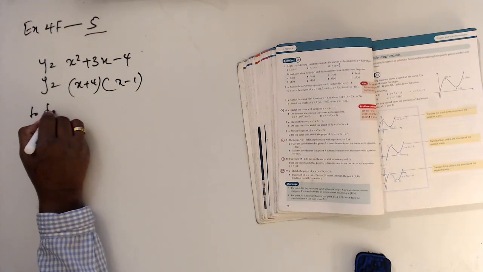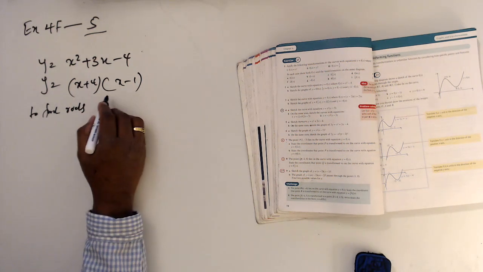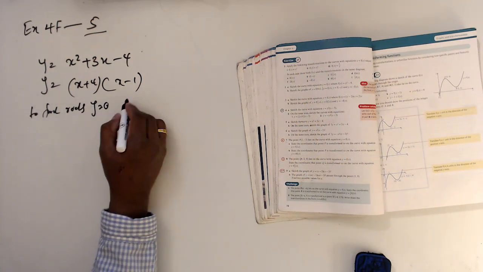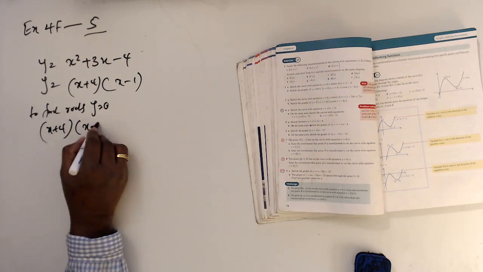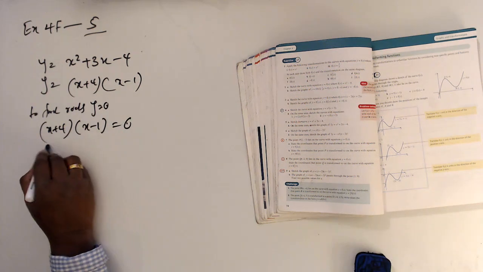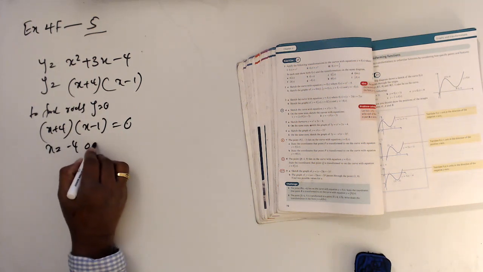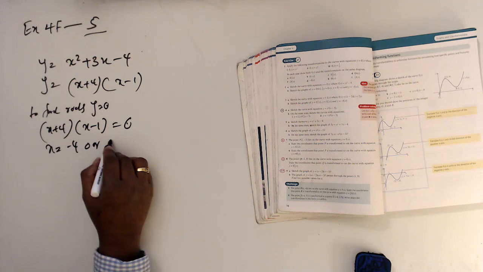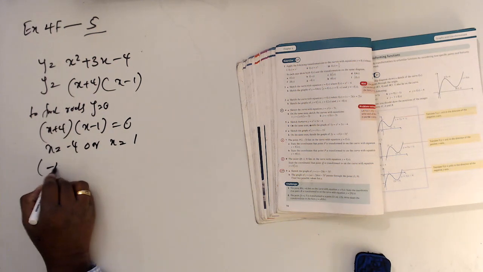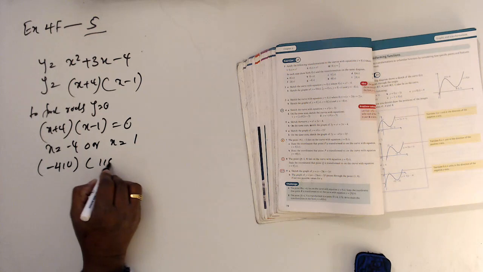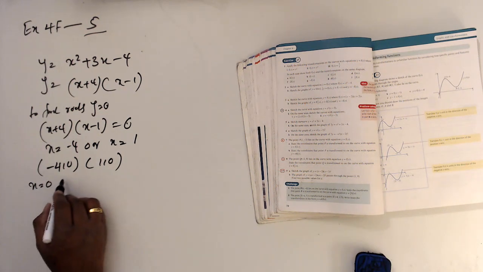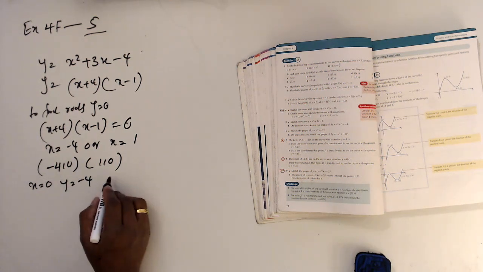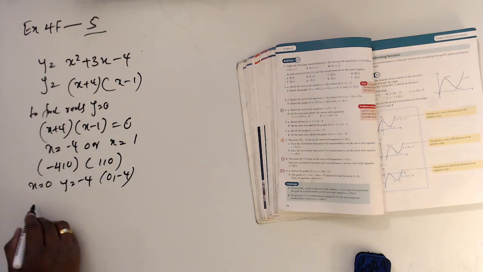To find roots, y equals 0. (x plus 4) times (x minus 1) equals 0. x equals minus 4 or x equals 1: (minus 4, 0) and (1, 0). And when x equals 0, y equals minus 4. So (0, minus 4) is another point.